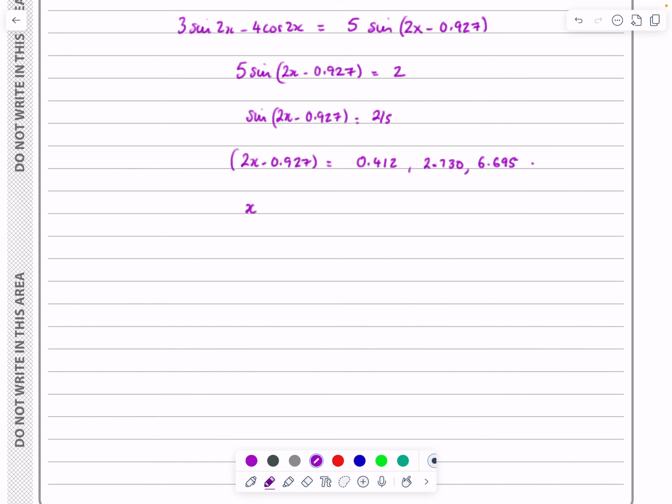So if I want to work out what x is equal to, I'm going to add 0.927 onto that and then divide by 2 for all 3 of these values.